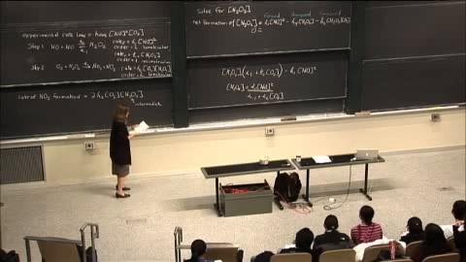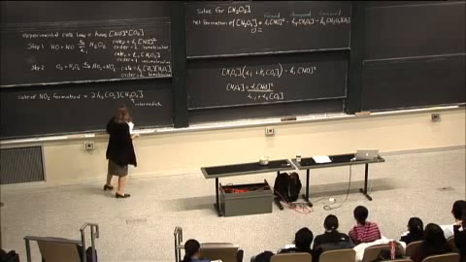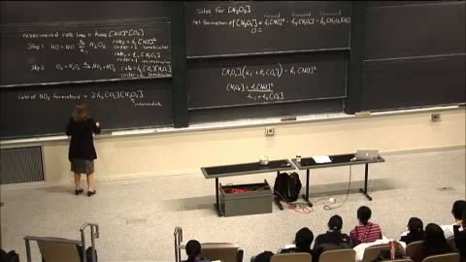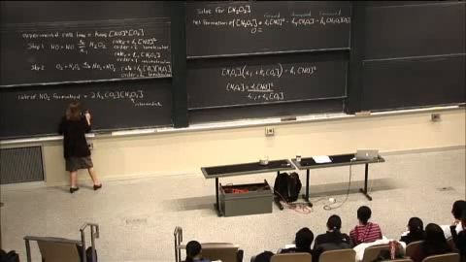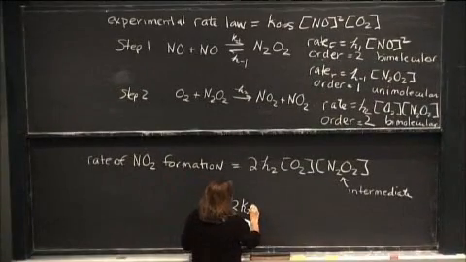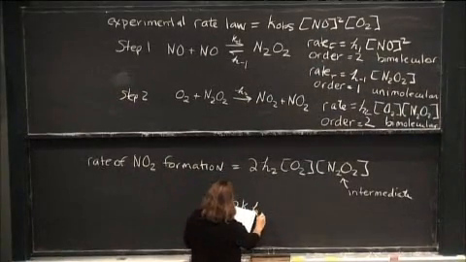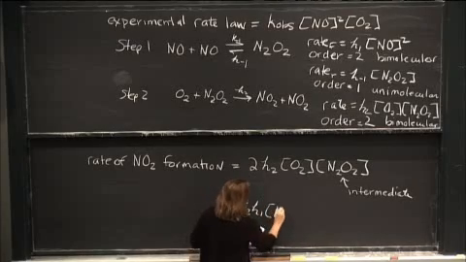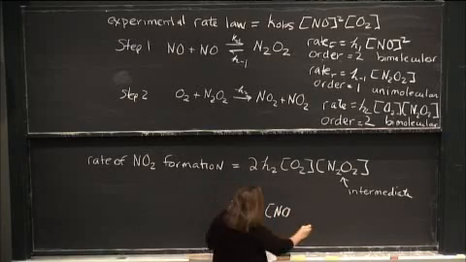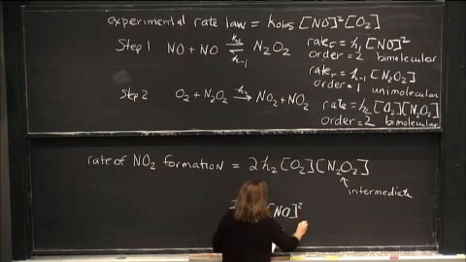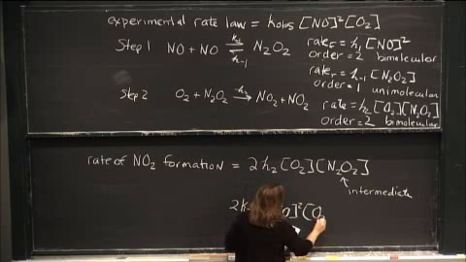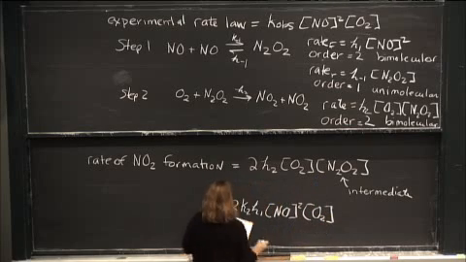And if we substitute it back into here, let's do that over here. So now we'll have k2 times k1. We have NO squared. We also have an O2 term from over here.